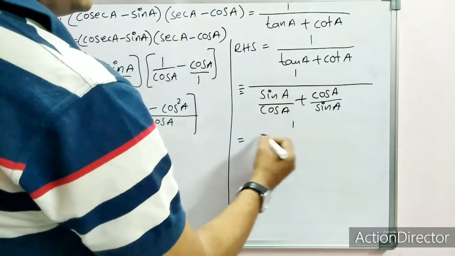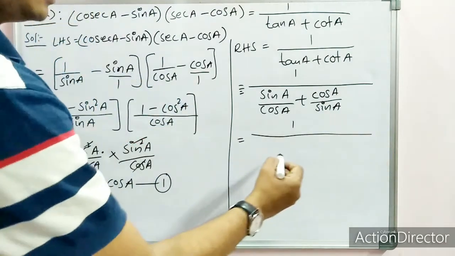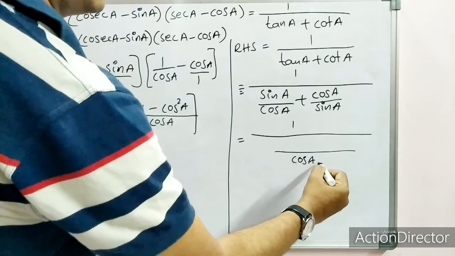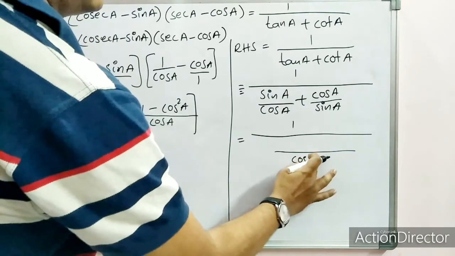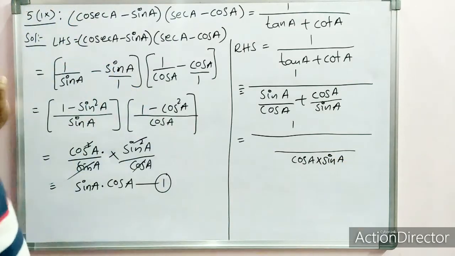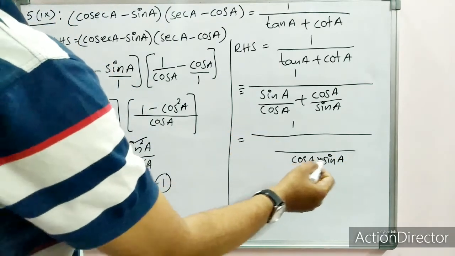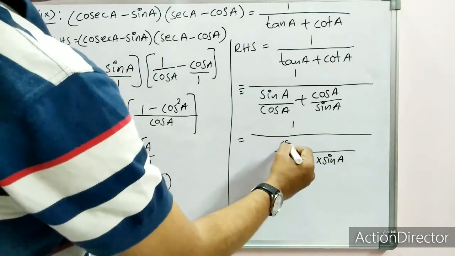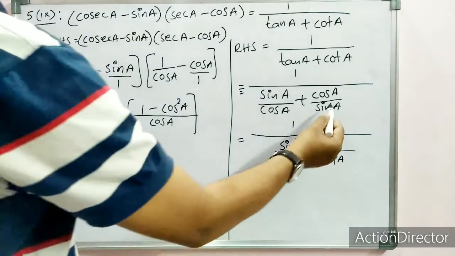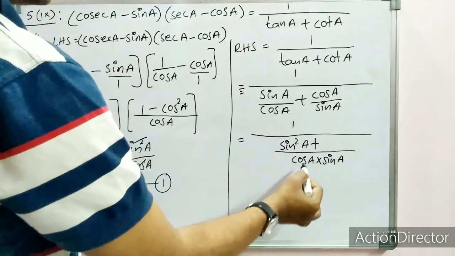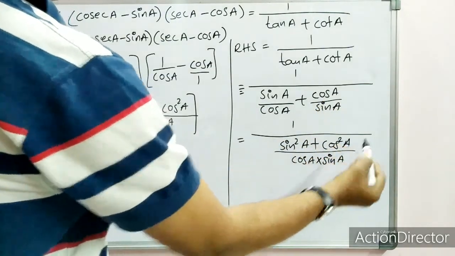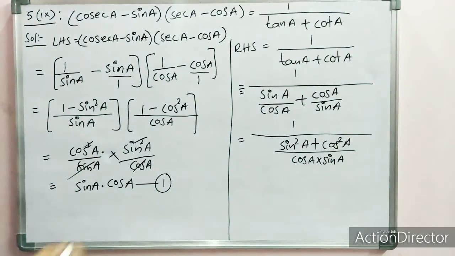In the denominator only, just take the LCM, that is cos A into sin A. Cos will be cancelled, sin into sin will become sin square A, plus sin will be cancelled, remaining is cos A into cos A, cos square A. Now you observe, this is the first identity.